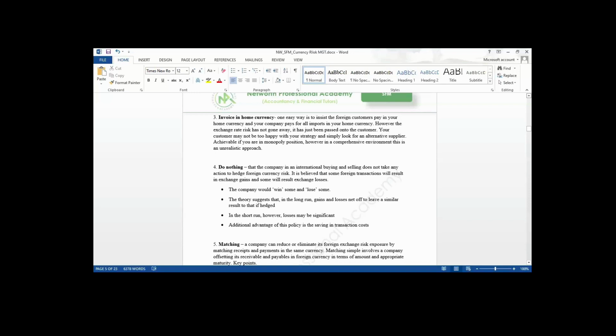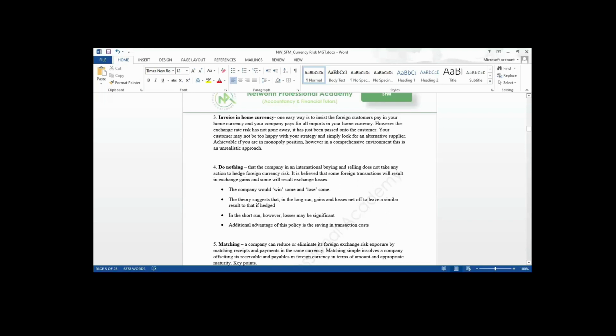Then lastly, do nothing. A company involved in international transactions can decide to take no action. You can decide that, look, I'm involved in buying and selling in the international markets. I'm aware there's foreign currency risk, but I don't want to hedge.